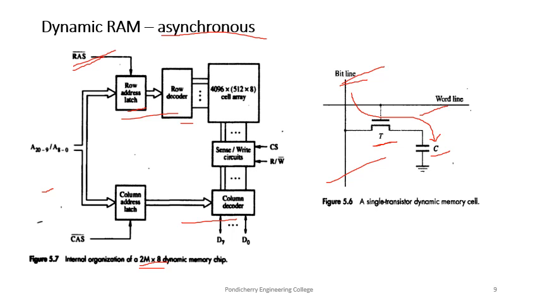Then a read operation is initiated, in which all cells on the selected row are read as well as refreshed. Shortly after the row address is loaded, the 9-bit column address is applied to the address pins and loaded into the column address latch using the column address strobe control signal.